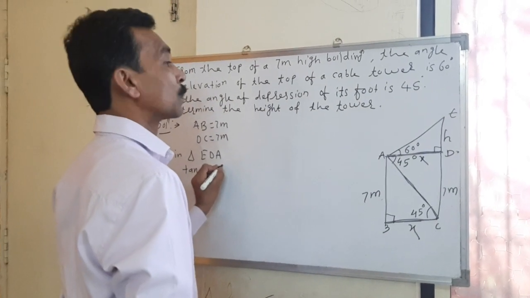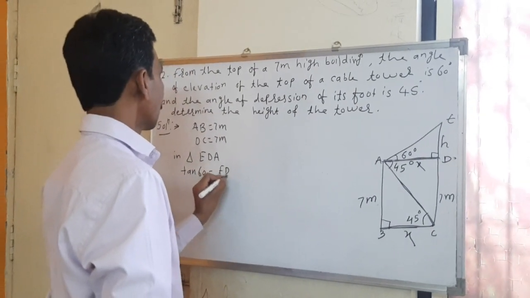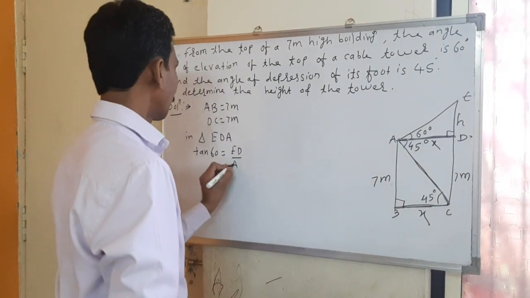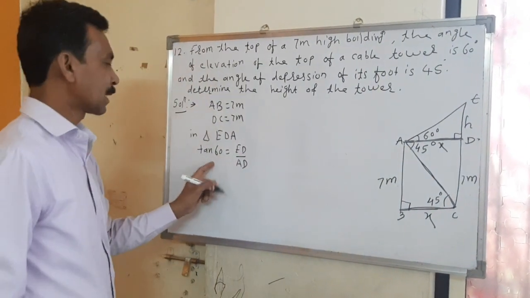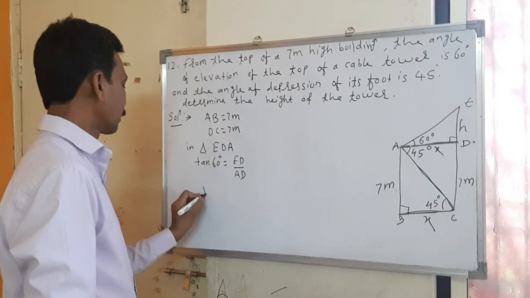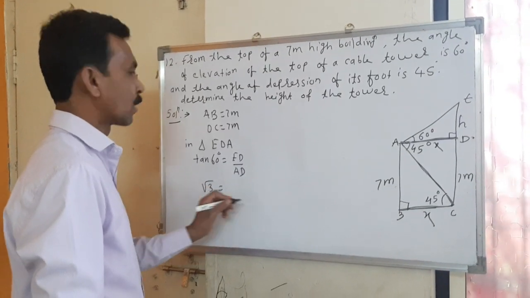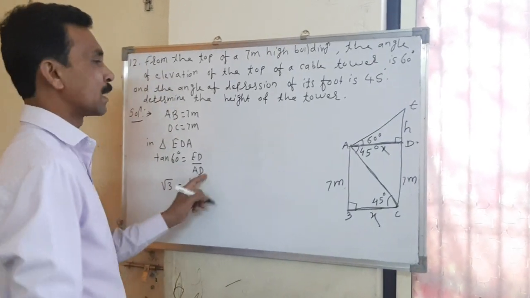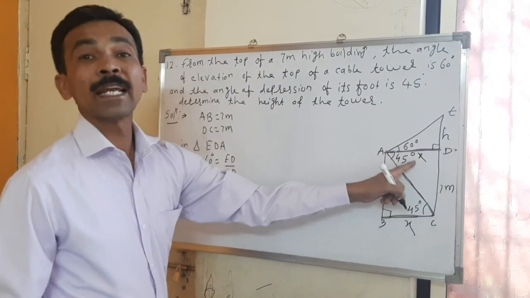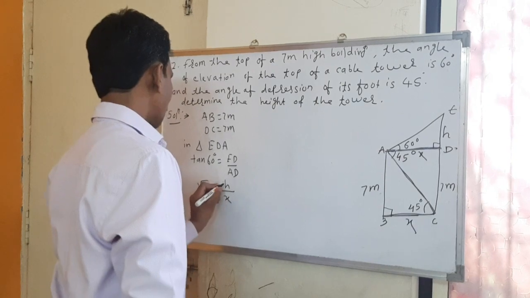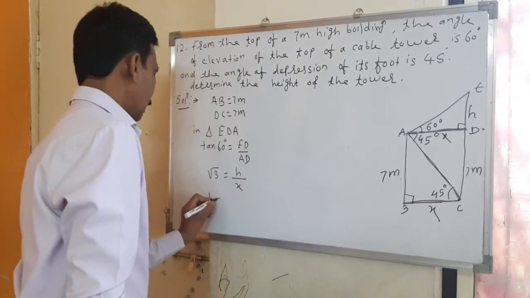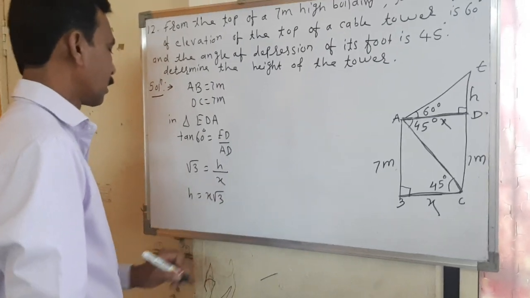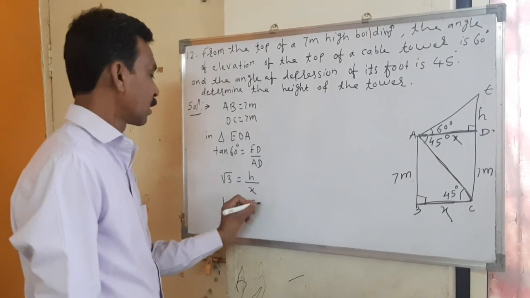Opposite is ED. What is adjacent? AD. What is tan 60? Root 3 is equal to H upon AD, and AD is X. Cross multiplication. H is equal to x root 3.